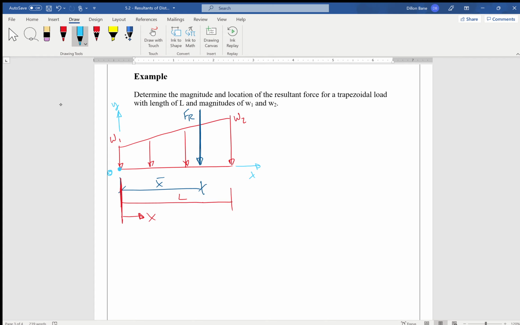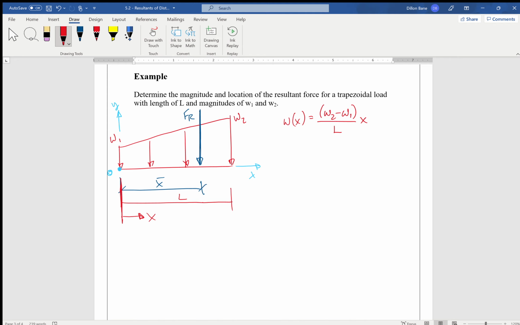So what we're looking for is W of x. And W of x for this particular function, how much does our load rise, divided by how much does our load run, right? So the rise of this function is W2 minus W1. The run of the function is L. We've got to multiply that by x because it's a line, right? mx plus b.